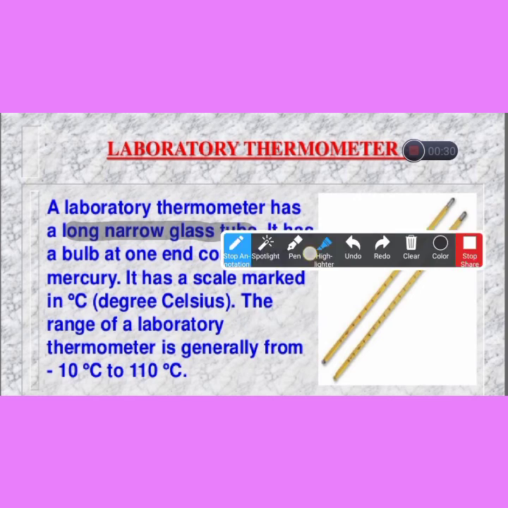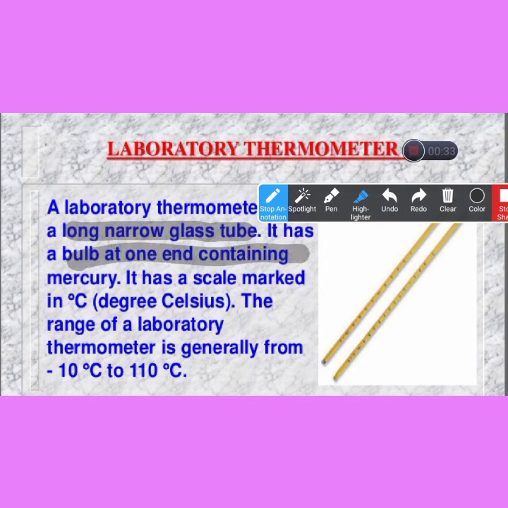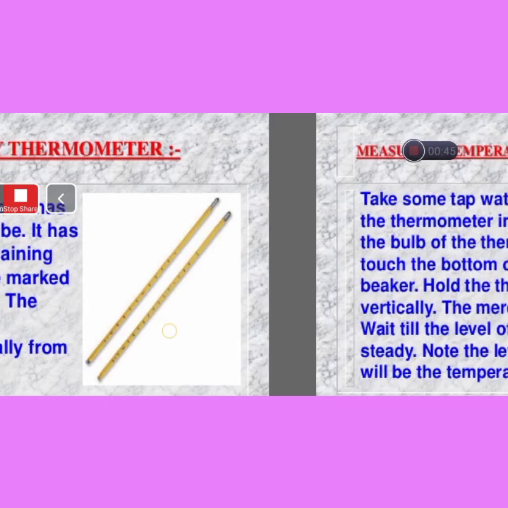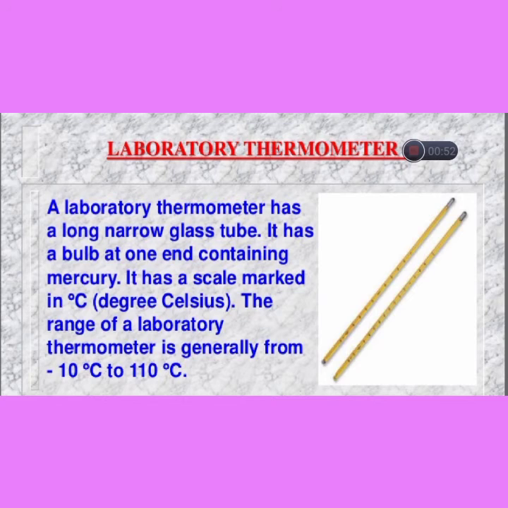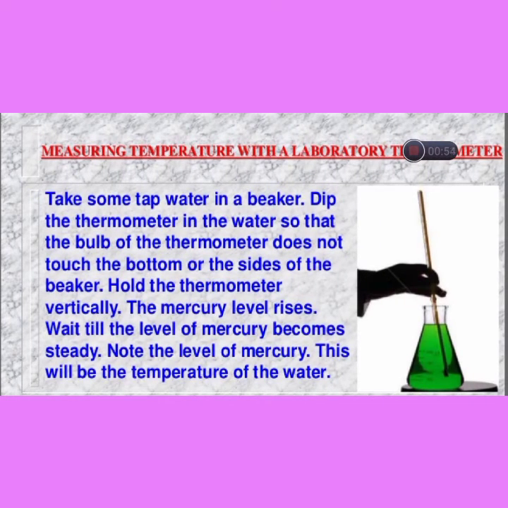It has a bulb at one end containing mercury, and a scale in degrees Celsius. The range of a laboratory thermometer is generally from -10 to 110 degrees Celsius.